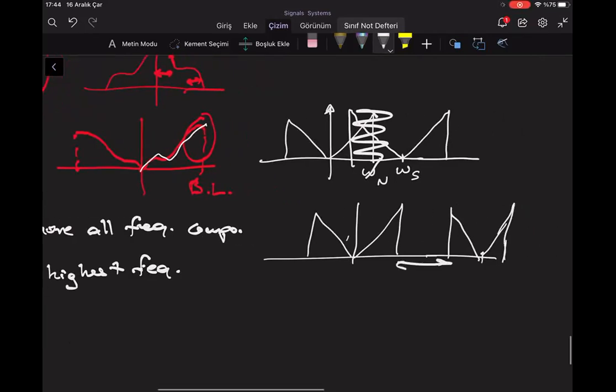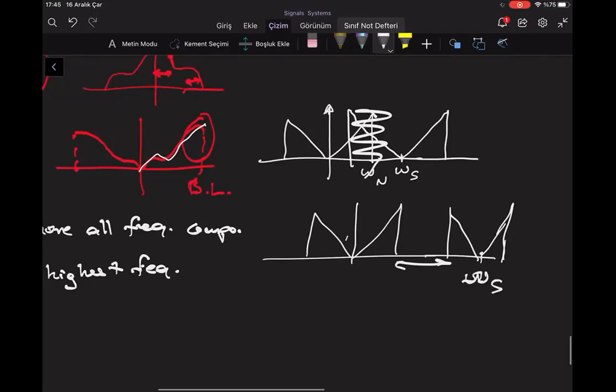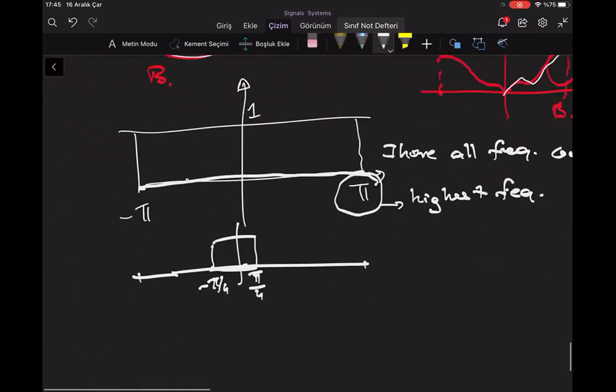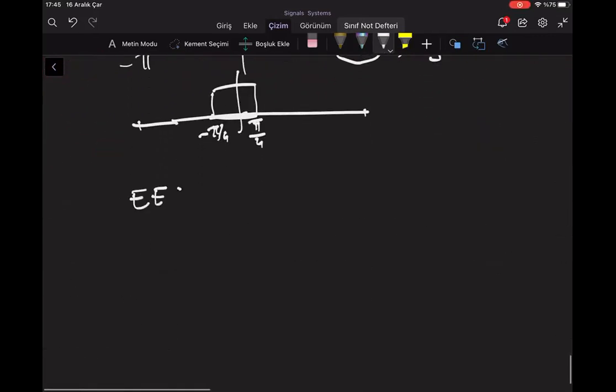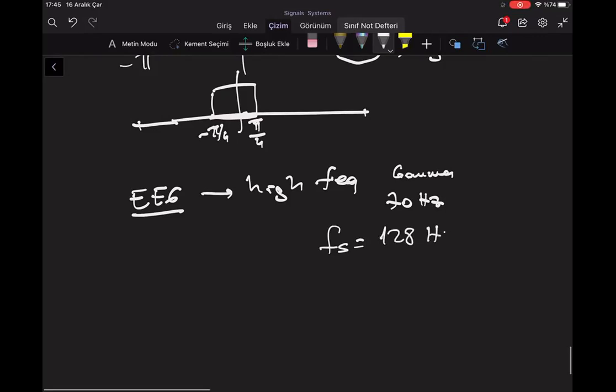So there will be such a tolerance, such a security region. That's why omega s should be selected carefully. Now, for example, in EEG, if I'm interested in high frequency components, such as gamma waves around, let's say, 70 hertz, and I'm using a sampling frequency of 128 hertz, this is wrong.